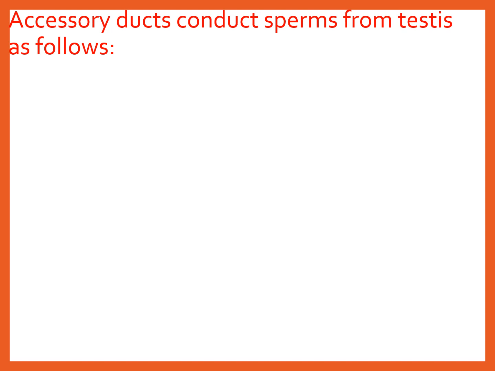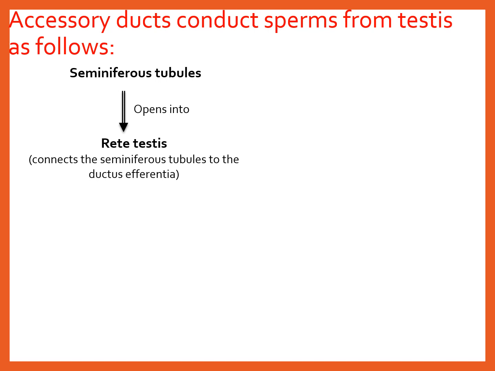Accessory ducts conduct sperms from the testis in the following manner. The seminiferous tubules are the region where the sperms are synthesized. They open up into a network of tubules called the rete testis.